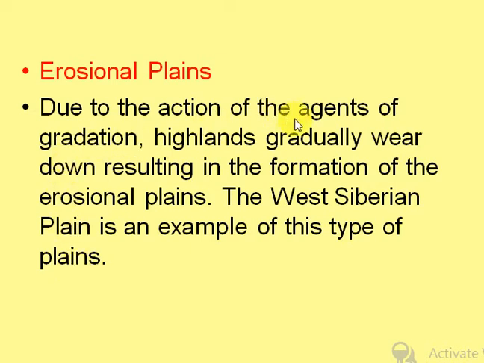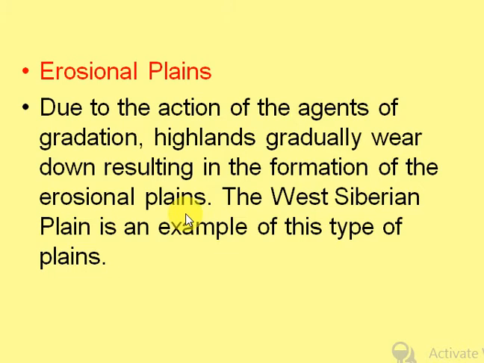The agents of gradation, as in the previous module we also discussed, are rain, temperature, high speed winds, and other activities like floods and glaciers. These are all agents of gradation, and they wear down the land, resulting in the formation of the erosional plains.